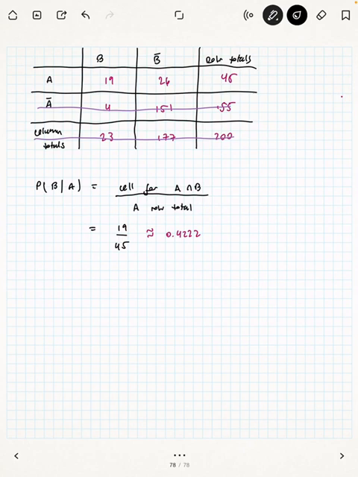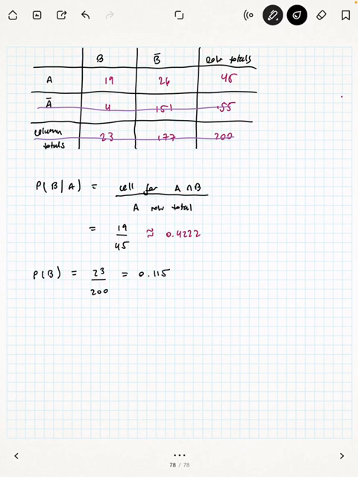So in other words, this is the probability of B given A, but remember that the probability of B itself, regardless of whether A has happened or not, was 23 over 200, which we said was 0.115.